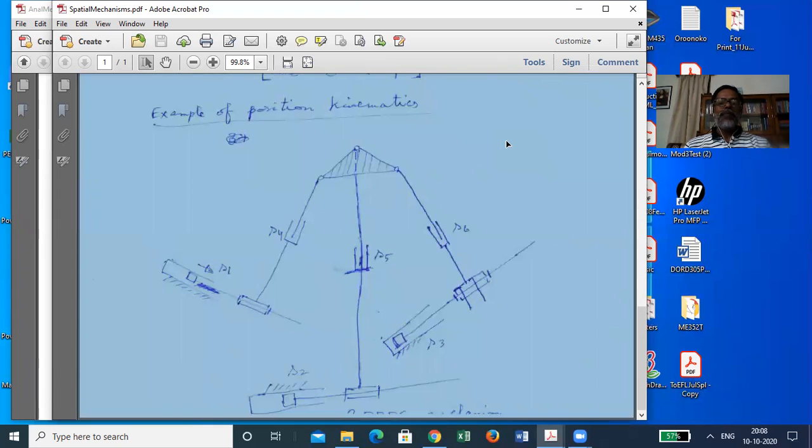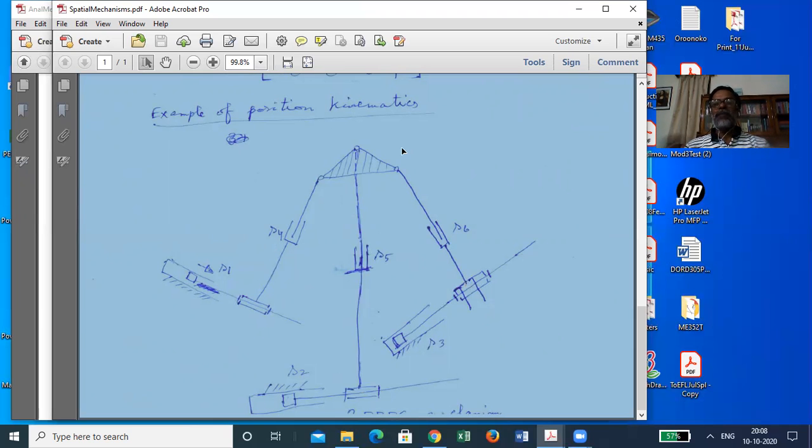And typically this mechanism is driven through the prismatic inputs. One jack here, another jack here, and similarly in other legs. Okay, and these revolute pairs and these spherical pairs will get adjusted.